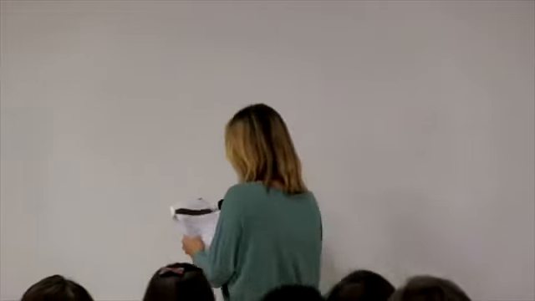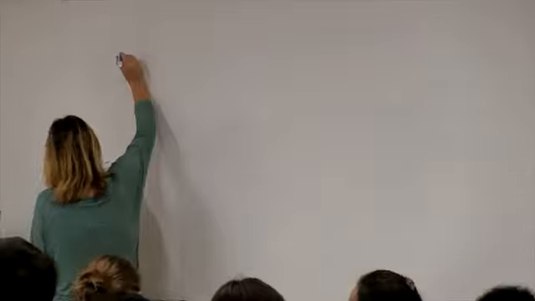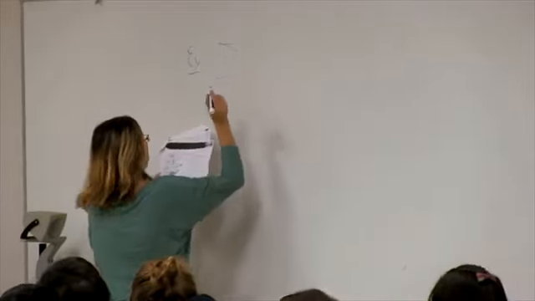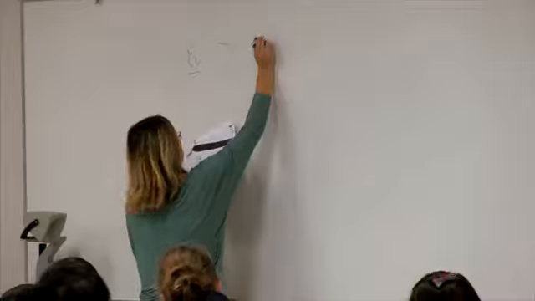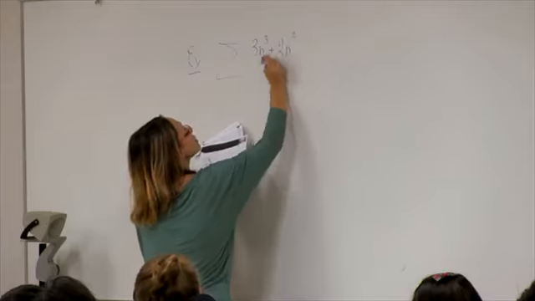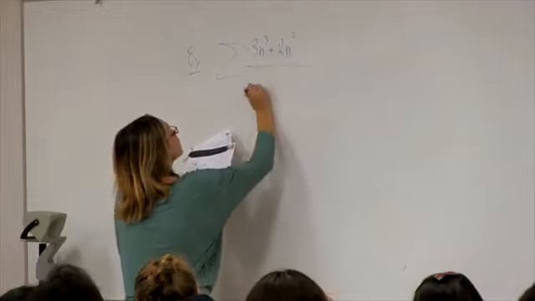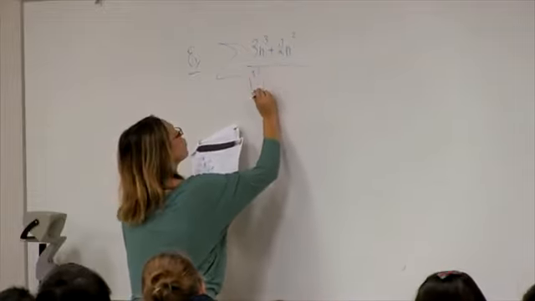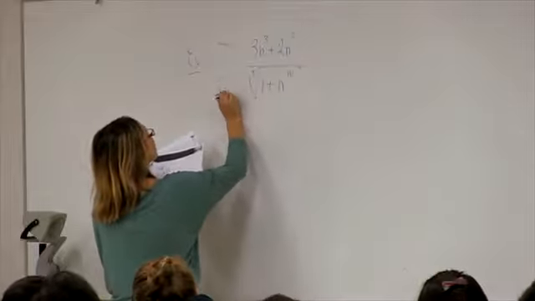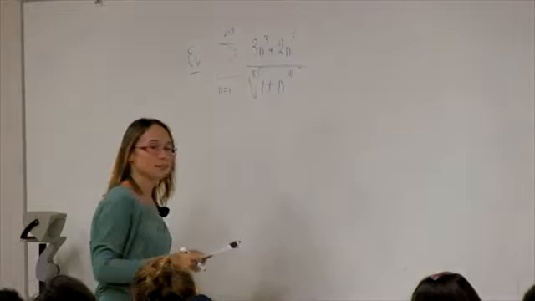So we're going to look at the following series. 3n cubed plus 2n squared over the cube root of 1 plus n to the 10. Okay? Something completely crazy.